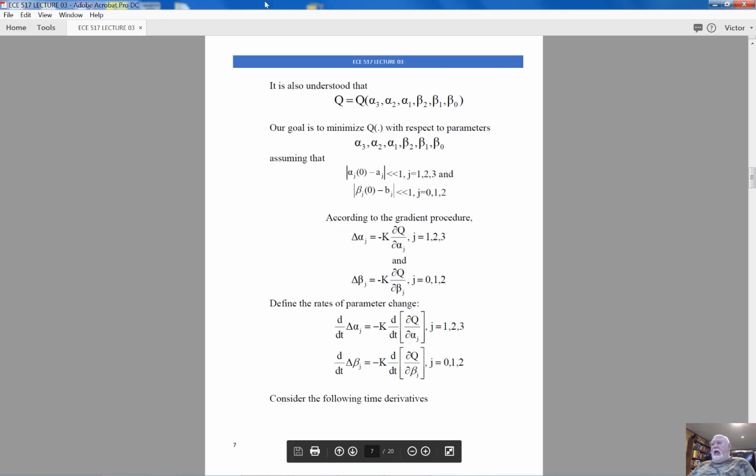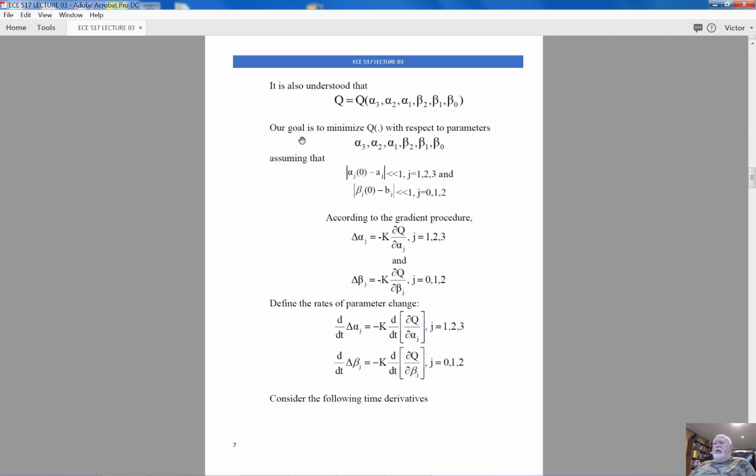Listen, you have to realize that if alpha 3, alpha 2, alpha 1, beta 2, beta 1, beta 0 are properly defined, then the criterion will reach a smaller value. If they are improperly defined, the criterion value will increase. Effectively, the criterion Q is a quadratic function of the adjustable parameters.